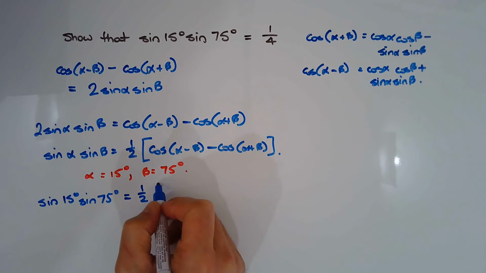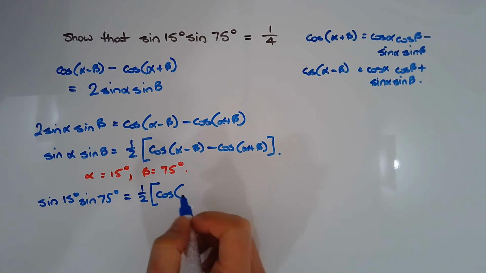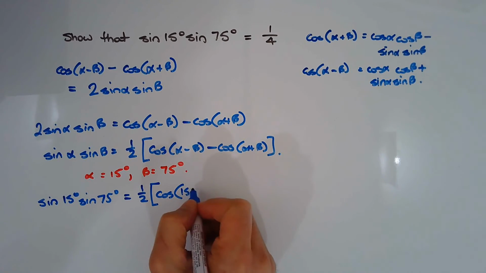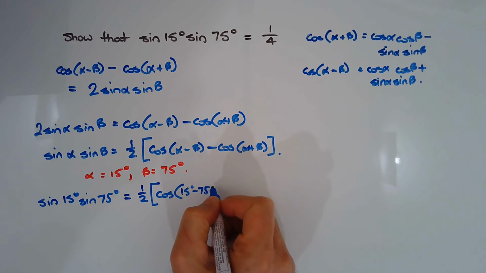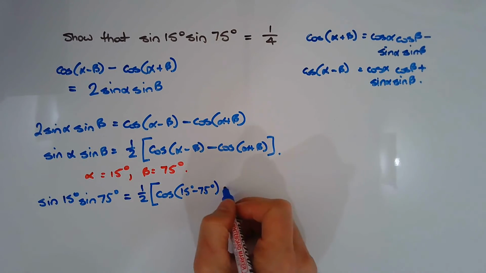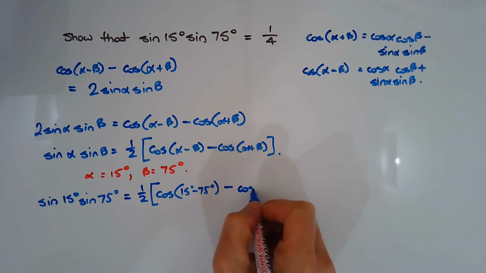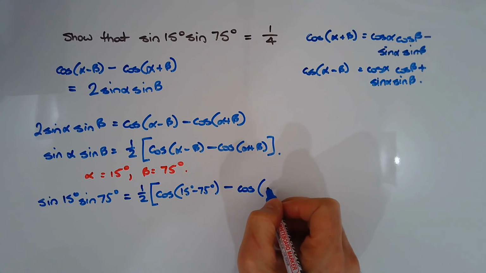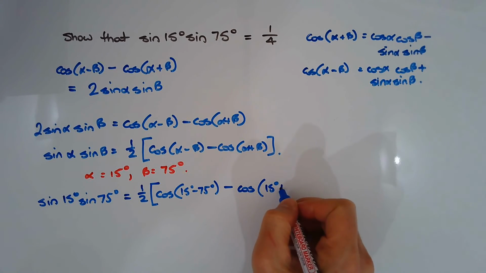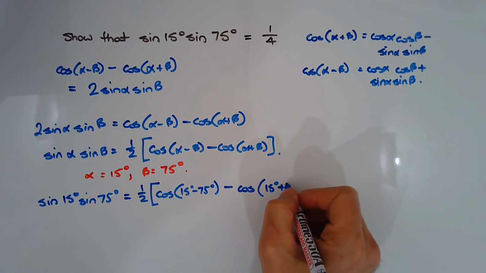So that's equal to half outside of cos of alpha minus beta, so that's 15 degrees minus 75 degrees, minus cos of alpha plus beta, so that's 15 degrees plus 75 degrees.